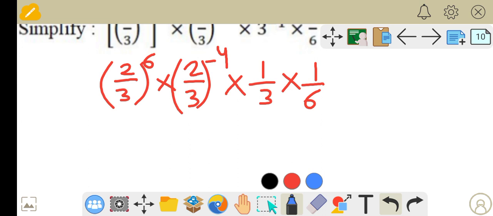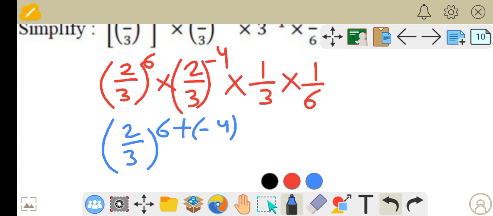Now we can write it as (2/3) to the power 6 plus minus 4, because both numbers have the same base in multiplication, so both exponents should be added, and this will be 1 by 18.